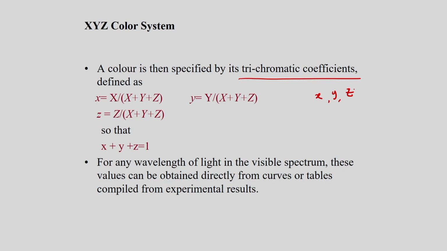So by using these I can represent colors, and after normalization x plus y plus z is equal to 1. So I have this expression corresponding to the XYZ color system. And for any wavelength of light in the visible spectrum, these values can be obtained directly from the curves or tables compiled from experimental results.